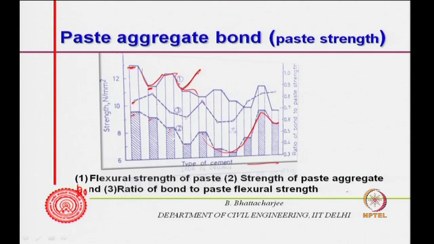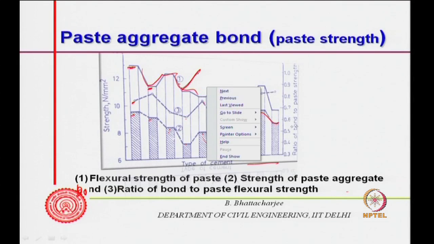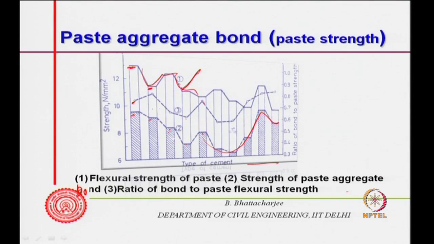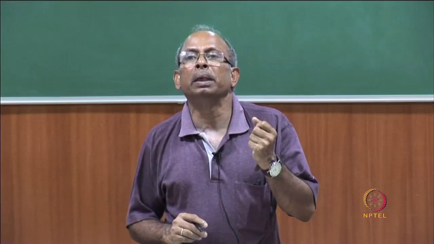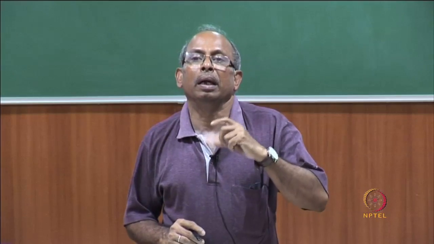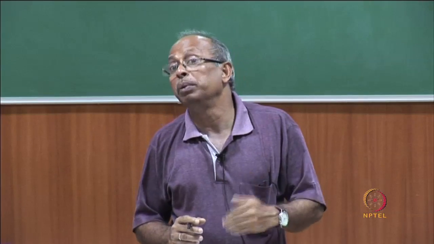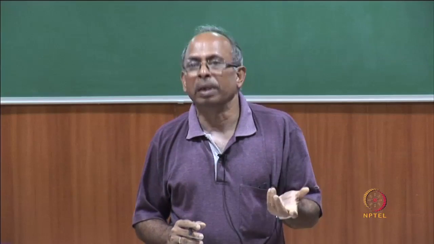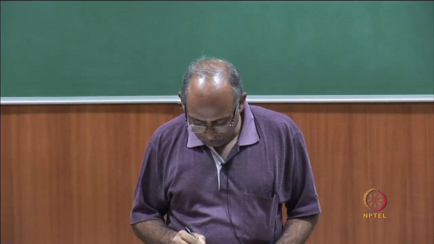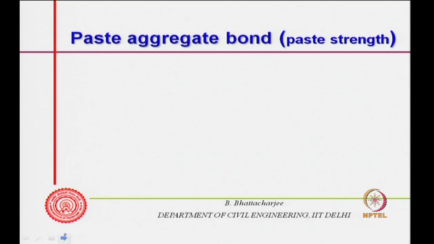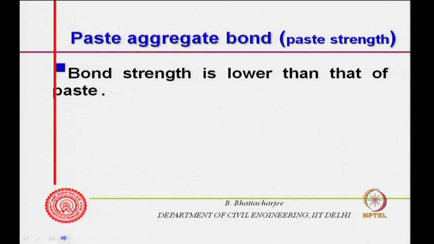And if you see here, paste strength is quite low, but bond strength is quite high, it is as high as this. So, the ratio has increased significantly. Bond strength is a function of the paste strength, but it is not a constant. It is not necessary that if you increase the paste strength, bond strength will increase. So, that is the first point.